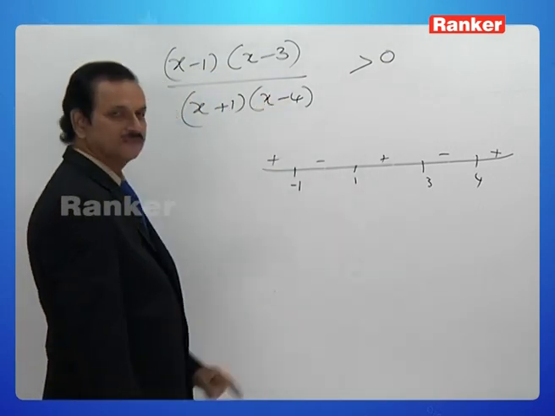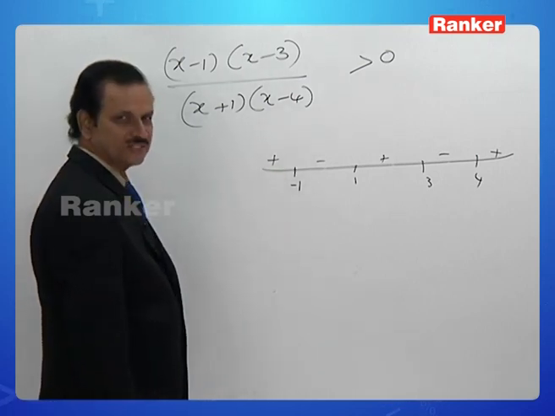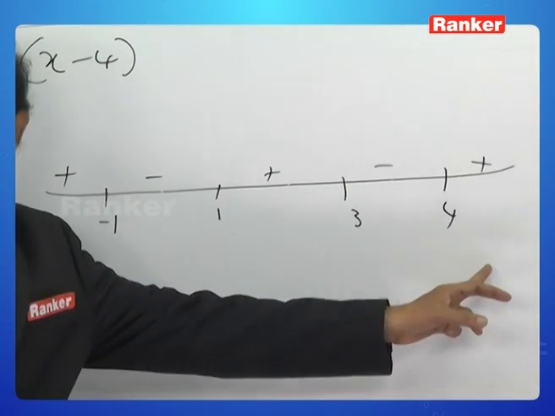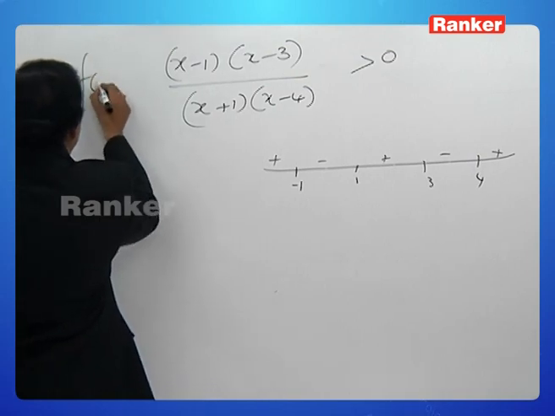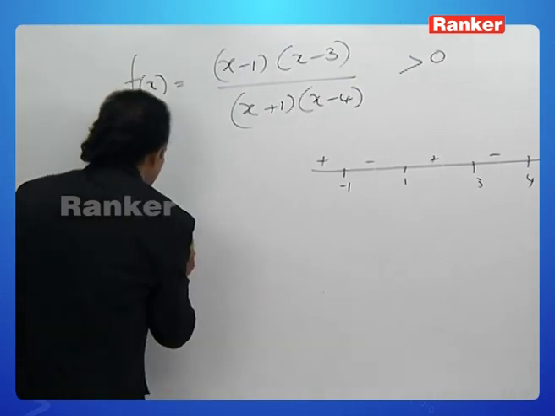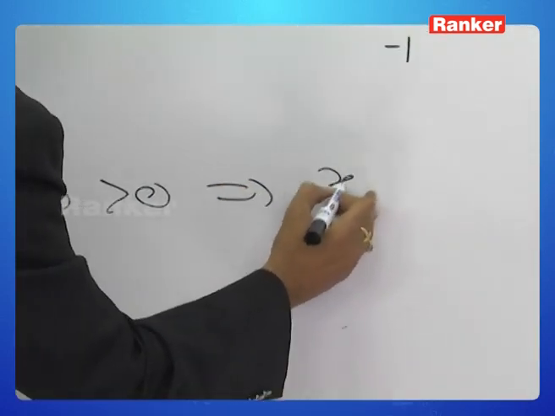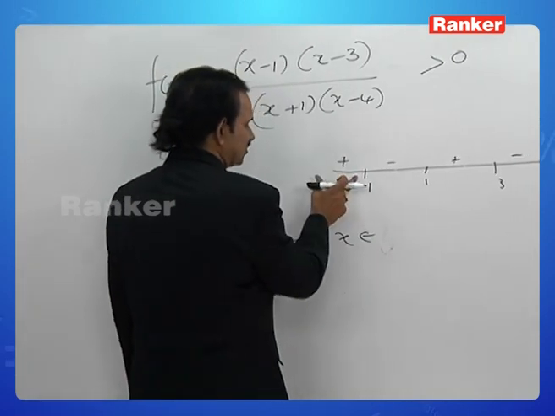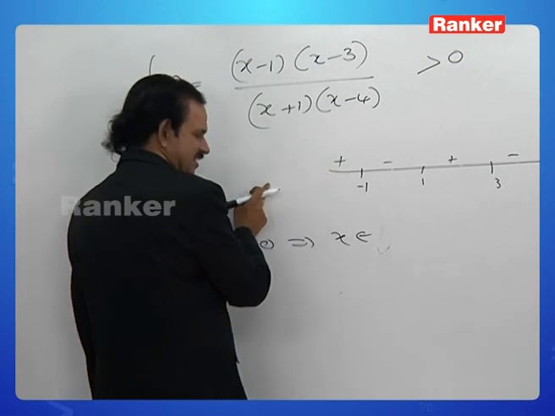What does he want? Greater than 0. Come on, gather the regions in which the expression is positive. Case 1, case 2, case 3. So to solve it, let me name this as f of x. F of x is greater than 0 implies, come on, x belongs to first interval minus 1 and behind that up to what extent?